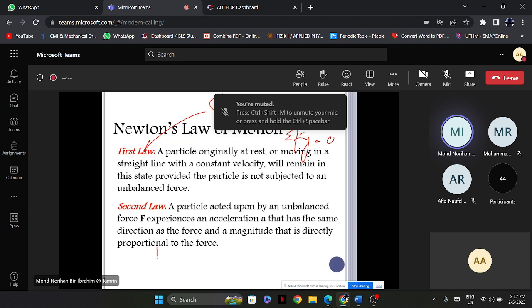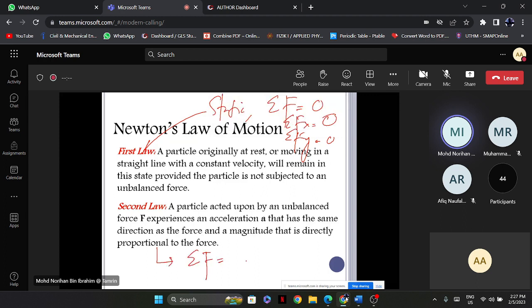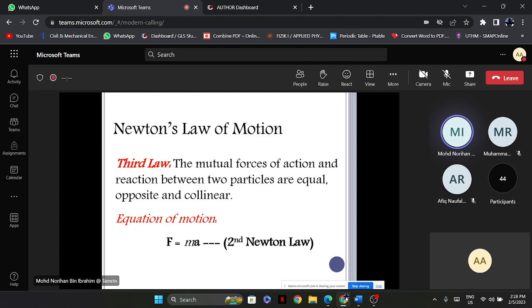And this is related to the sum of F is equal to ma, Newton's law of motion, where the sum of forces is equal to mass times acceleration. This is the one that you are going to apply in the kinetics of a particle. And the third law of motion is that the mutual forces of action and reaction between two particles are equal, opposite, and collinear.